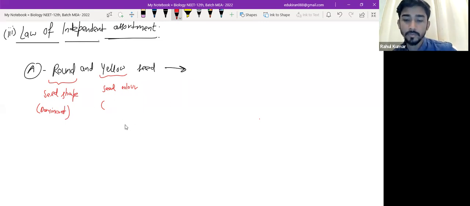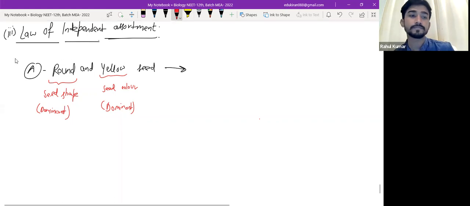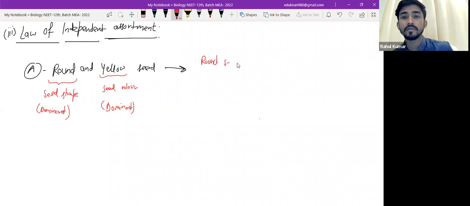For seed color, what was the dominant trait? Yellow, right? That's where I told you we get green seeds at our home. Green pea is a recessive trait that farmers propagate. Is it clear? Green seed color is a recessive trait, and with seed shape, round is the dominant trait. So both are dominant here. Now tell me, for round and yellow, what are the possible genotypes? For a round seed, what could be the possible genotypes?